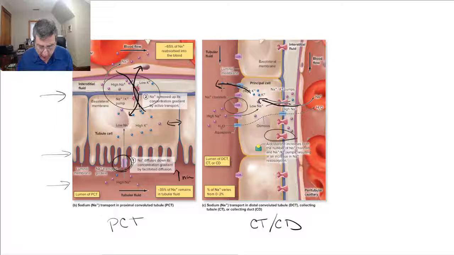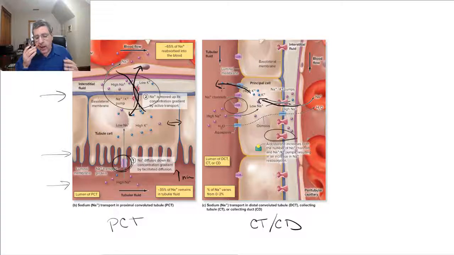Now, what regulates this? Because I said before, the distal convoluted tubule and collecting duct vary in the amount of reabsorption.